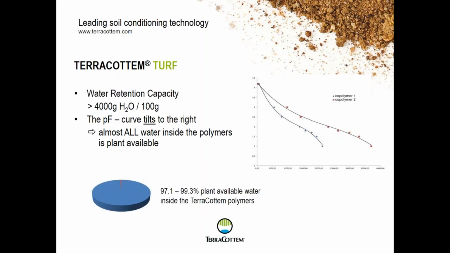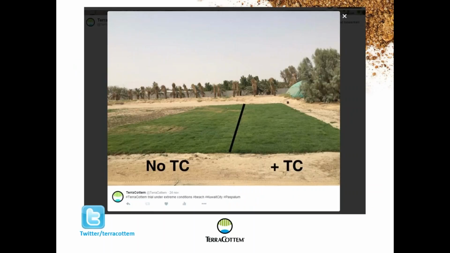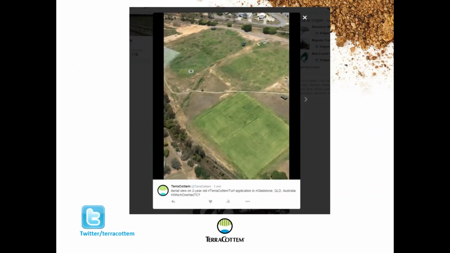We have an analysis done on this, and we know that almost 97 to 99% of the water inside the polymers is available for the plants. So that's why it's possible to even grow on 100% sandy soils. You can have good grass development.